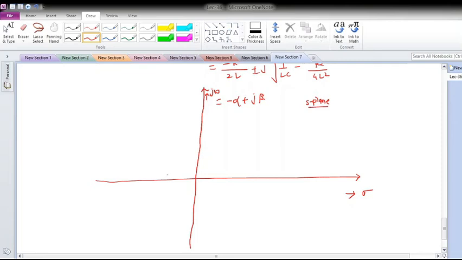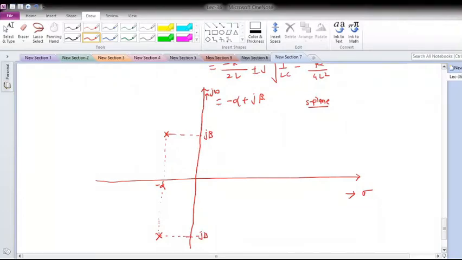Suppose this is one pole, whose location is minus alpha plus j beta. Similarly, in order to get real coefficients, I should have the complex conjugate pair, so there should be one more pole at minus alpha minus j beta.